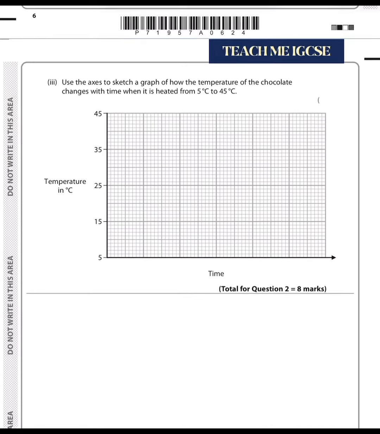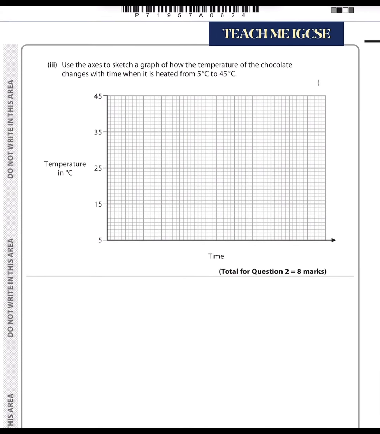And last part to this question, we need to sketch a graph of how the temperature of the chocolate changes with time when it is heated from 5 degrees to 45 degrees. So at the end of the graph, our temperature has to reach 45. And we already know that our melting point is 32 and our boiling point is 55.